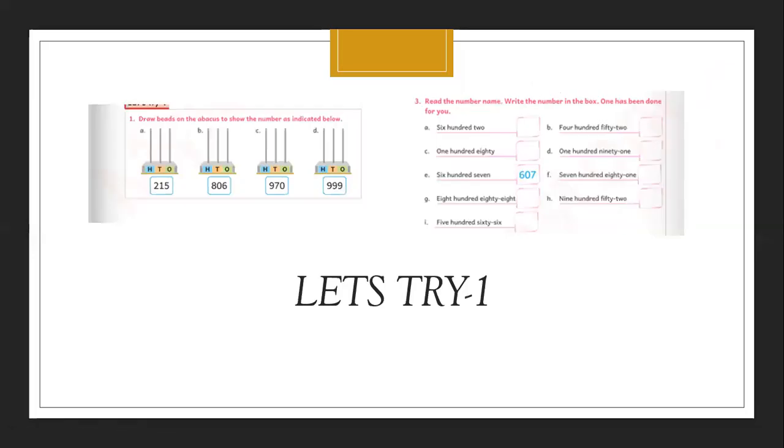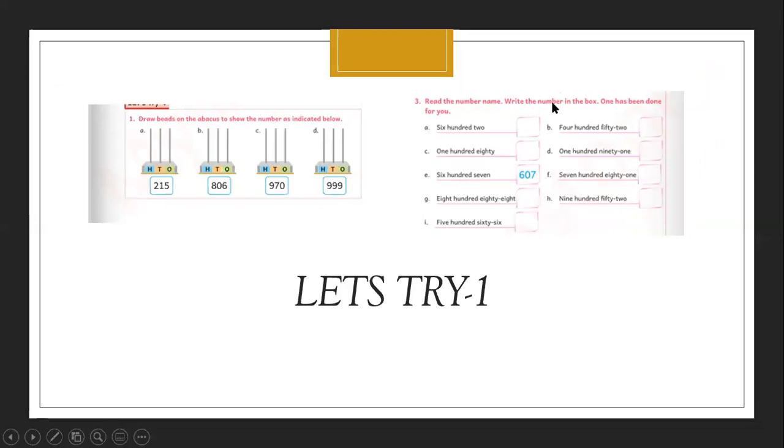Now, children, I just want you to do a small exercise. Let's try 1 and 3 problems over here. You can do it in your notebook. Draw beads on the abacus to show the number as indicated below. You can draw the abacus, and draw small rings with the pencil on the spikes.